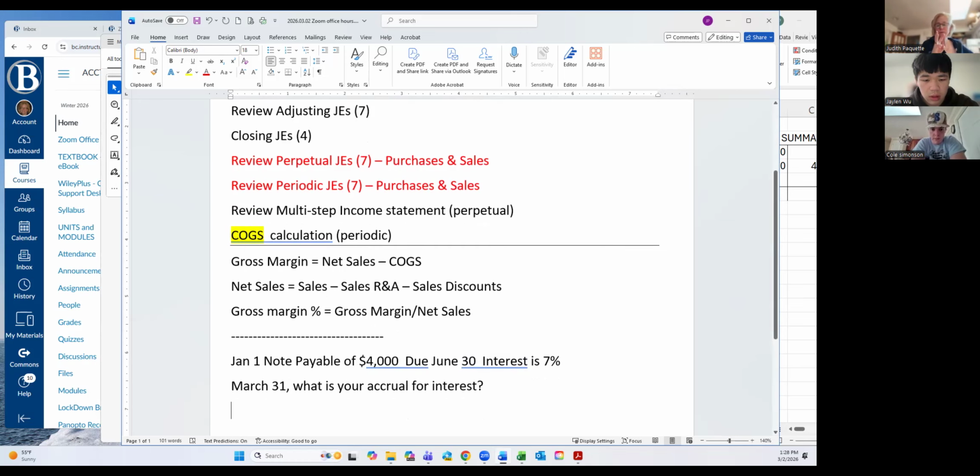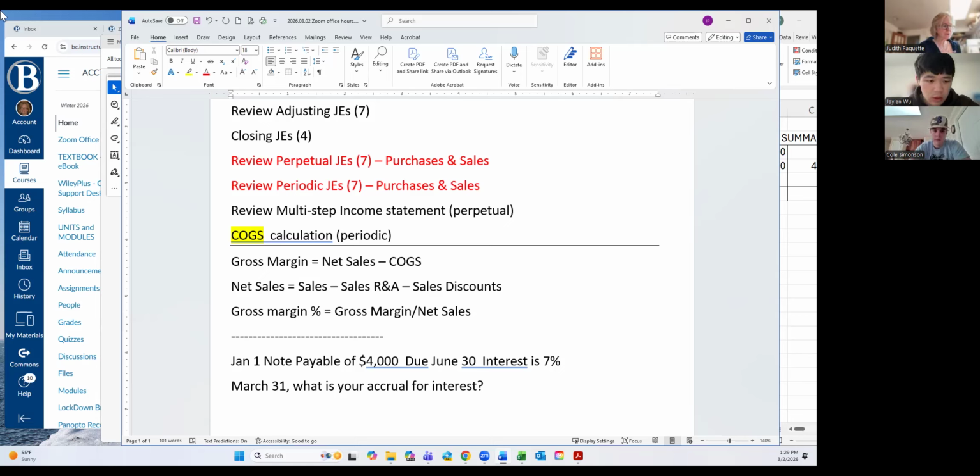So you have 2 problems here. One is how much is the dollar amount? And the second problem is what's the journal entry for accruing interest? Take a look. So what is it, interest expense or what is it?